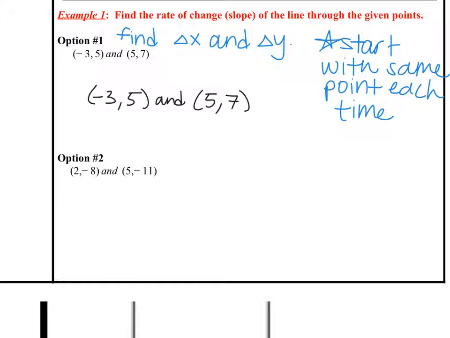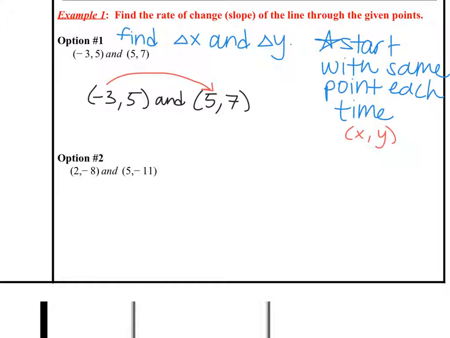Okay, your x values are -3, 5, because please remember that it's x comma y. So to find my change in x, I go from -3 to 5. Think about a number line. If you're going from -3 to +5, are we adding or subtracting? And how much?